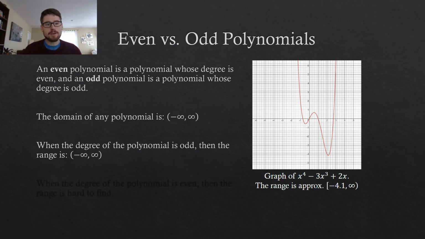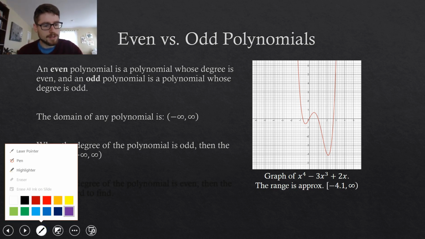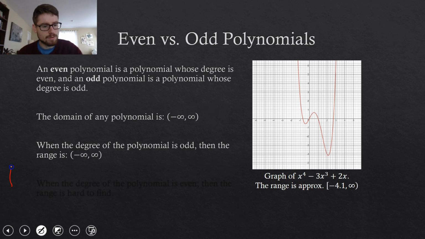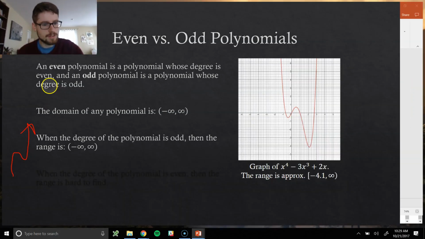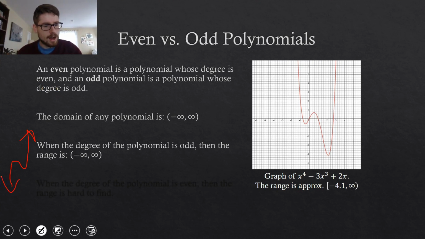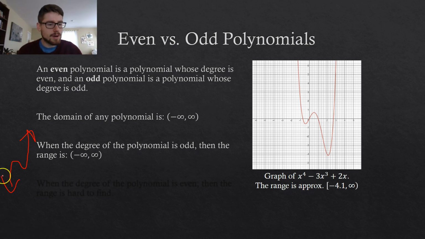It's not necessarily 1-to-1 though, because you can have odd degree polynomials, and we'll see this later, that do something like this, up and down, and then zoom off to infinity in either direction. But it's not 1-to-1 right here because it would fail the horizontal line test.